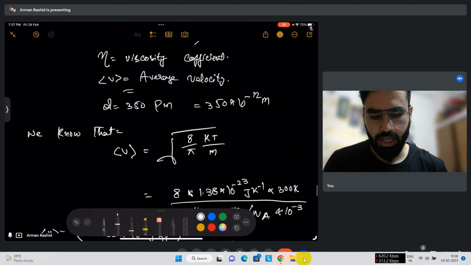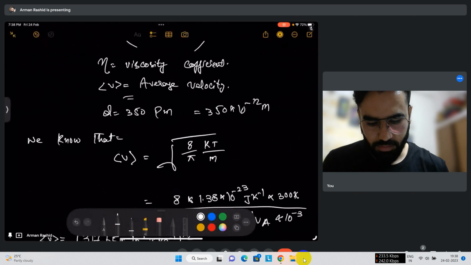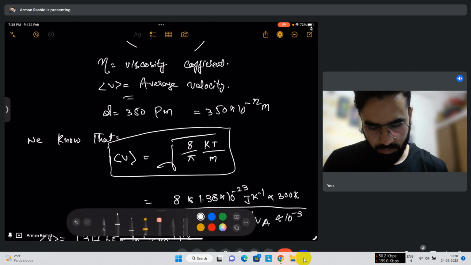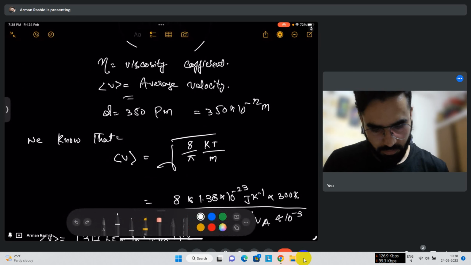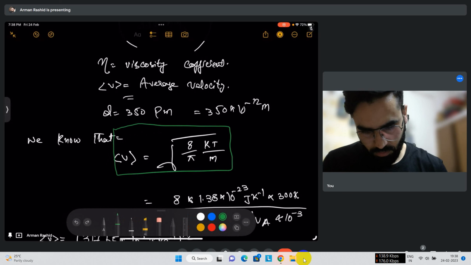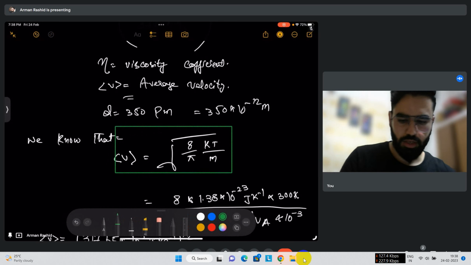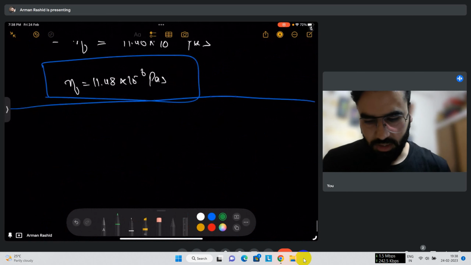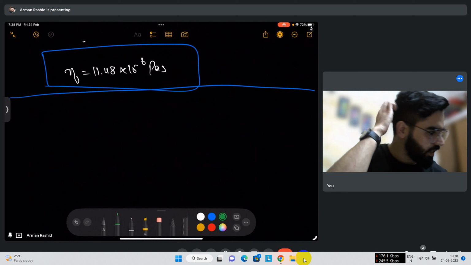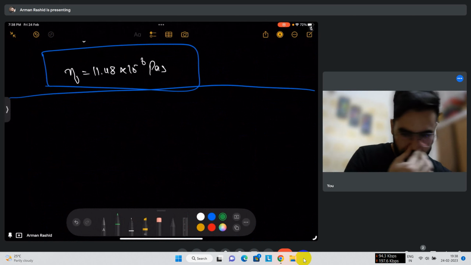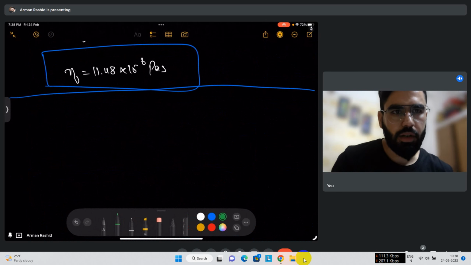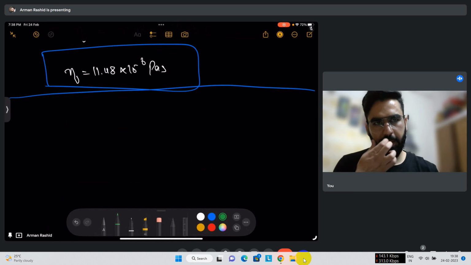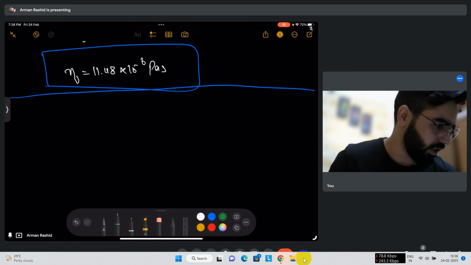First we calculated the average velocity, then using that average velocity we calculated the viscosity. Okay, so that completes question number 4, the molecular diameter as a function of viscosity.